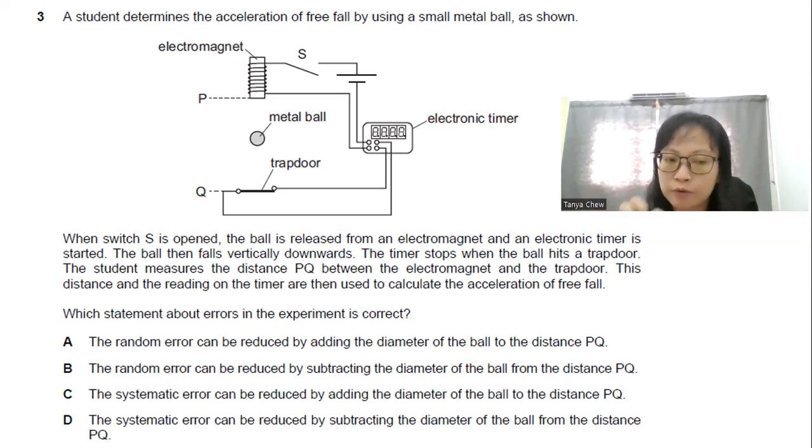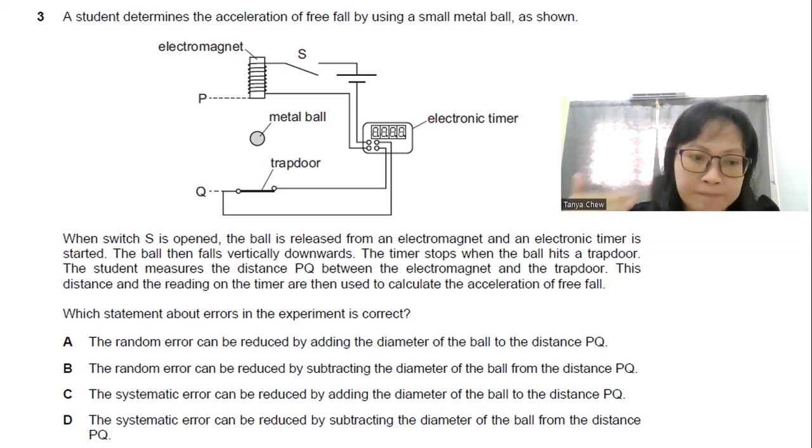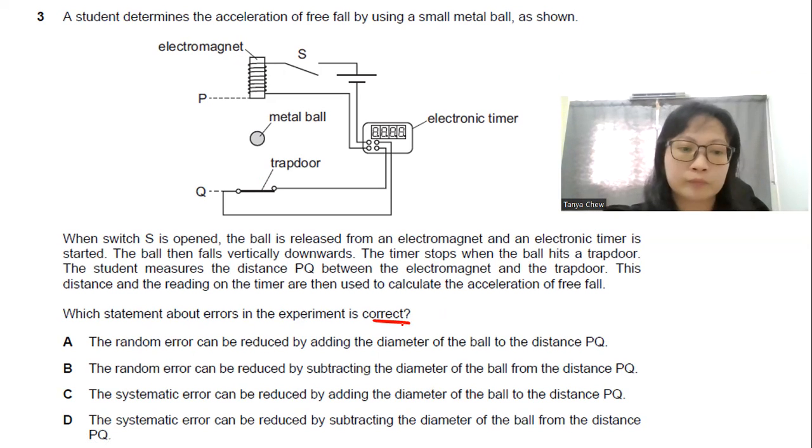Okay, I will keep D as one of my choices first, but I'll look at A, B, and C just to eliminate the wrong answers. I need to choose the correct answer. So C: a systematic error can be reduced by adding the diameter of the ball. Why do we have to add the diameter? Because the distance PQ already included the diameter of the metal ball.